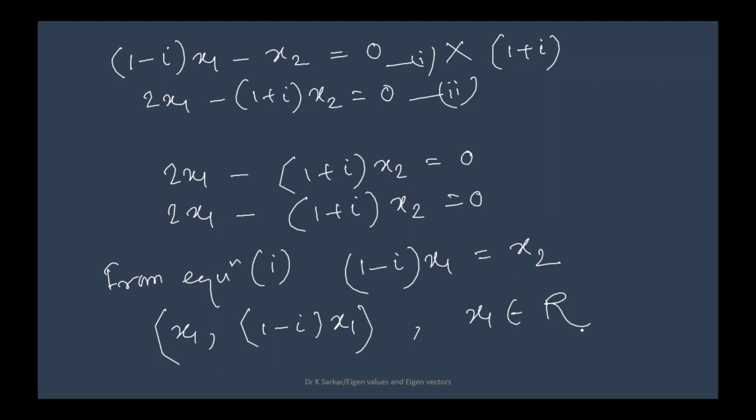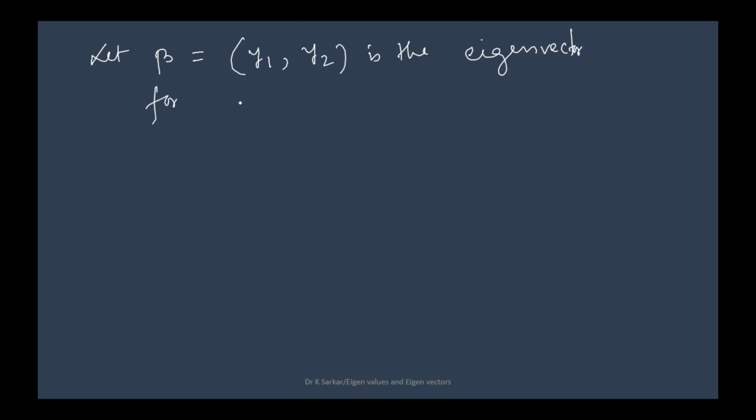Similarly, we can find the eigenvector for the eigenvalue minus i. Let beta equals y1, y2 be the eigenvector for eigenvalue lambda is minus i.